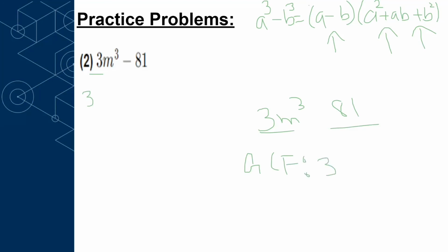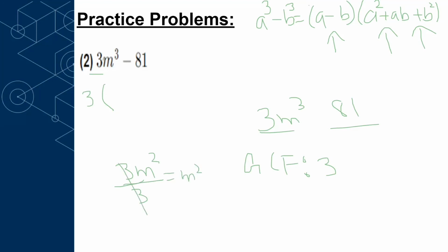And then I know my GCF cannot have a variable, because I do not have a variable as my common factor. So it's just going to be a number, which is, like I said before, 3. Once you figure that out, you divide each of the terms by the GCF. 3 divided by 3, they cancel out.